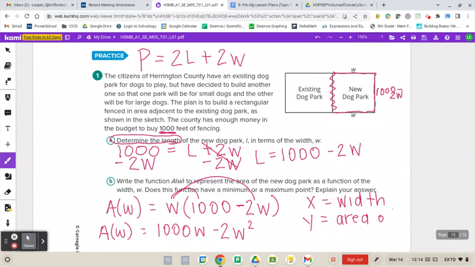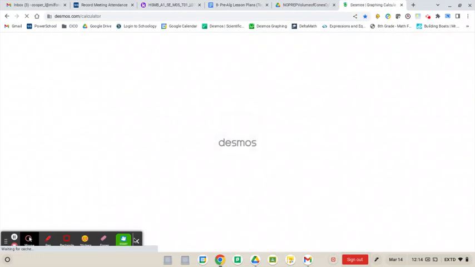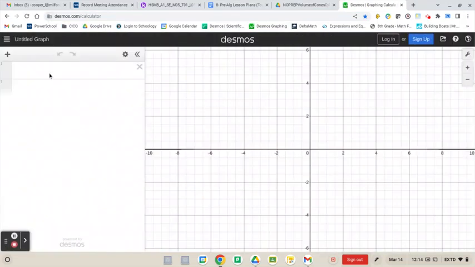So if I type this in, y equals 1000x minus 2x squared.